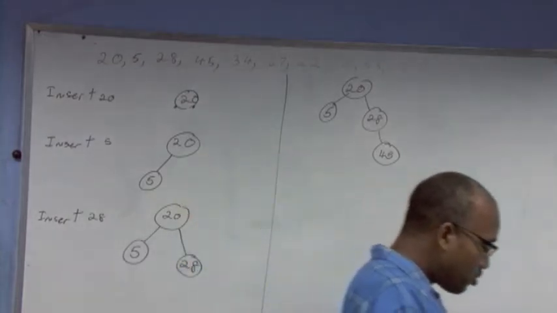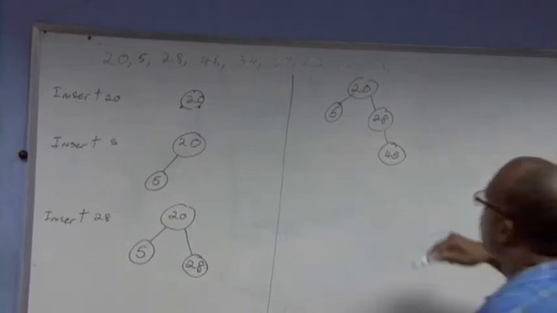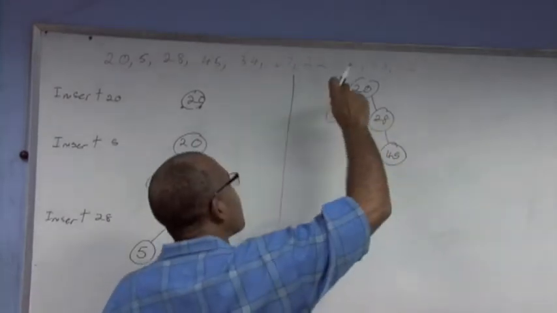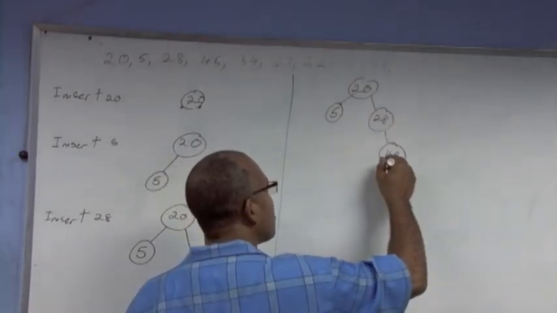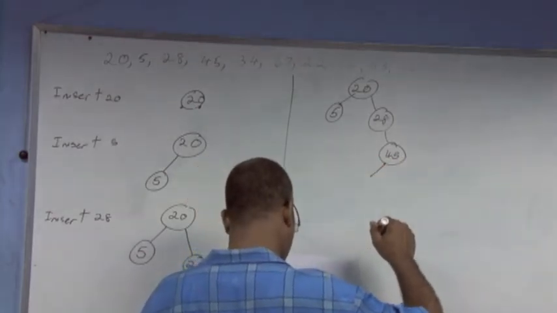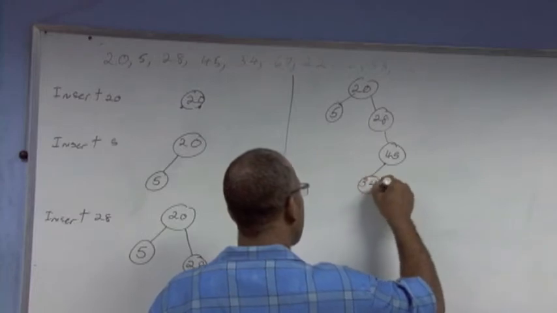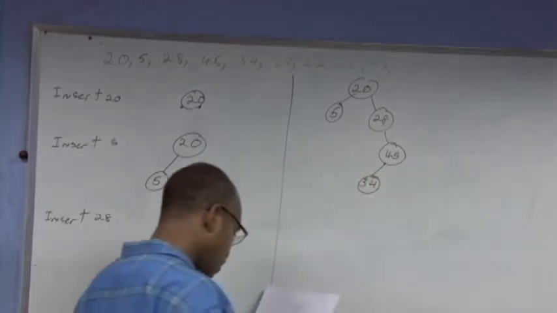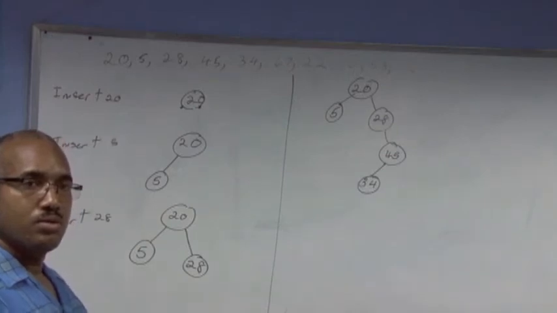The general rule when inserting into a BST is to search for the position where it would go and then tag it on. So 34 is greater than 20, greater than 28.